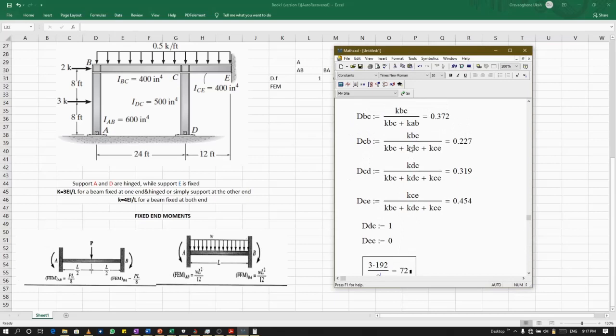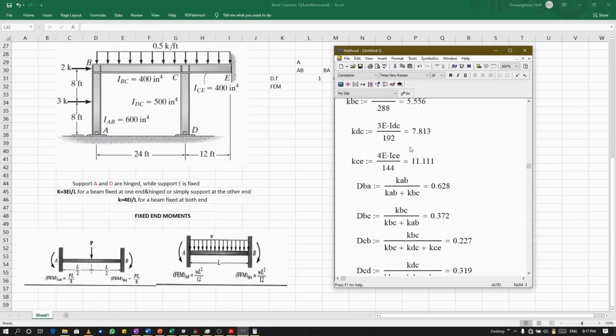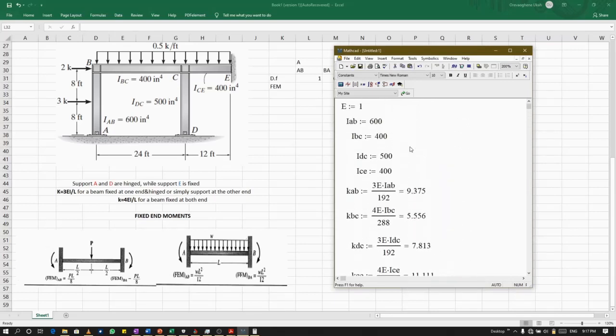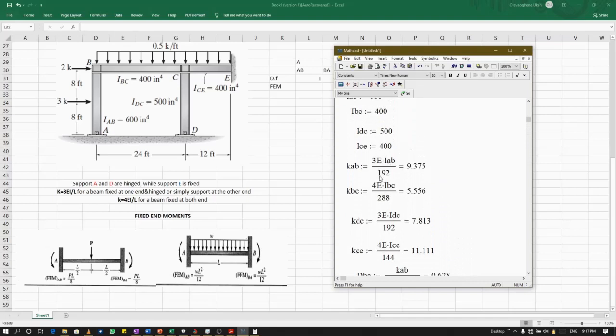For those wondering how we got that, 192 is the length of 16 feet converted to inches.